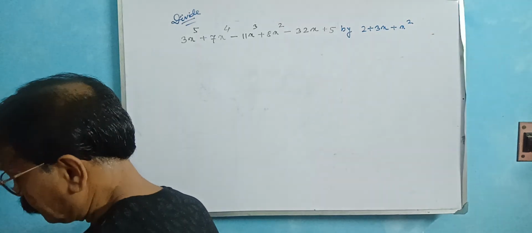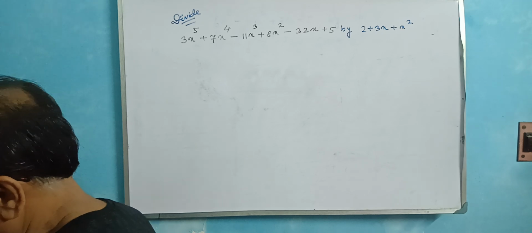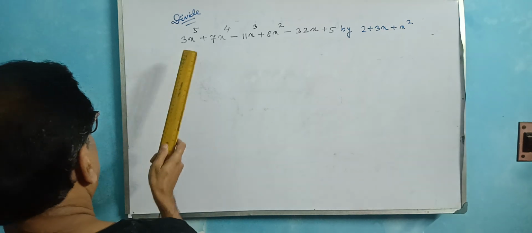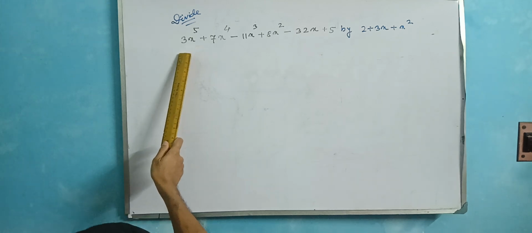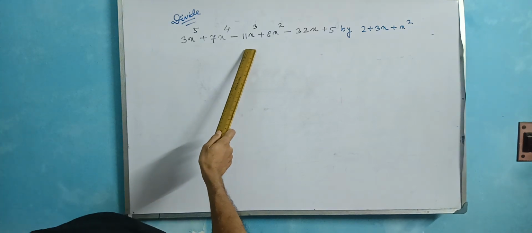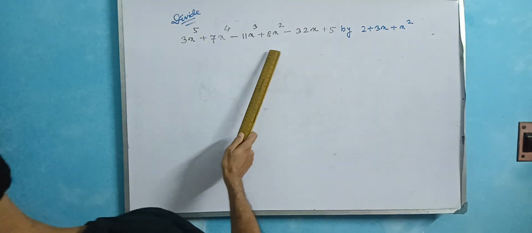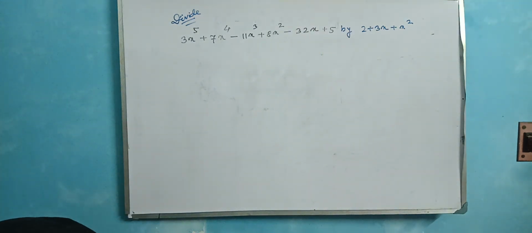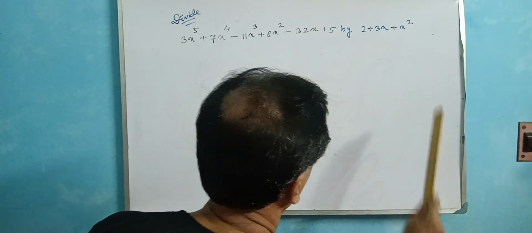Okay, so what is the sum? Sum is 3x to the power 5 plus 7x to the power 4 minus 11x cube plus 8x square minus 32x plus 5 divided by 2 plus 3x plus x square.